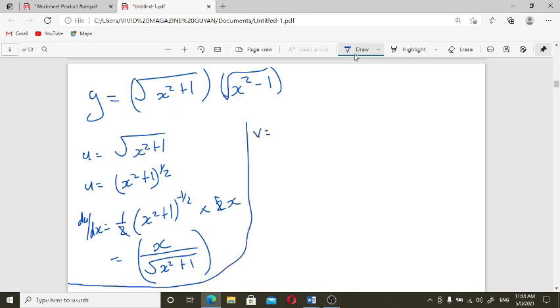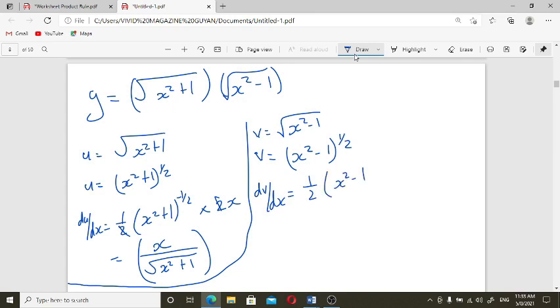Now v is equal to x squared minus 1, which is also rooted. So v is equal to x squared minus 1 raised to a half. So dv upon dx is equal to 1 upon 2 of x squared minus 1 raised to minus a half times 2x.